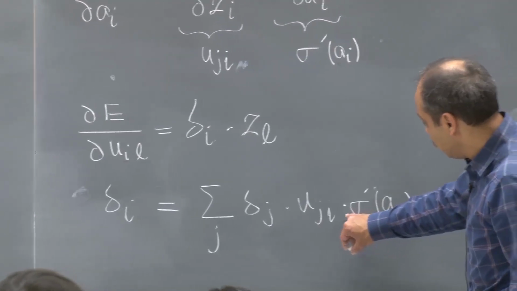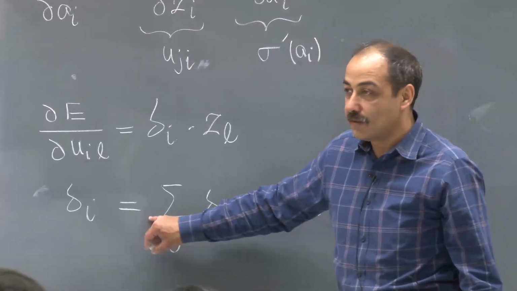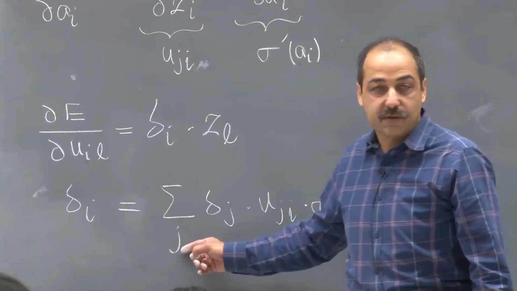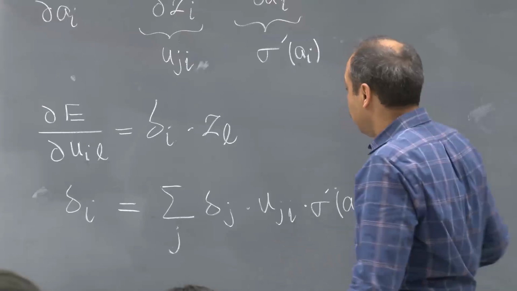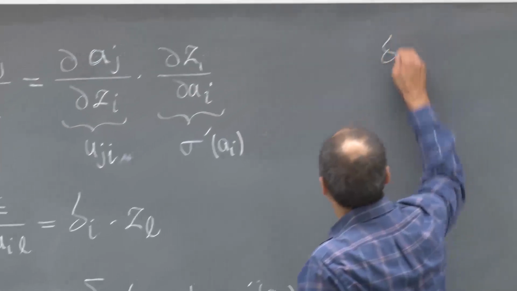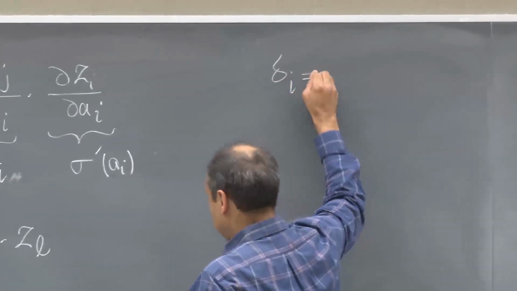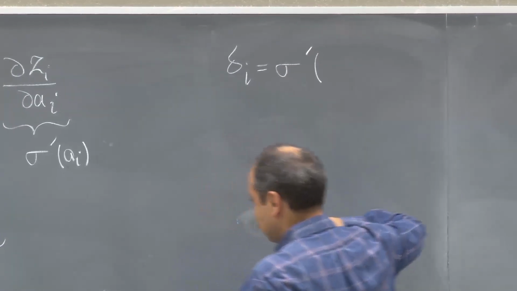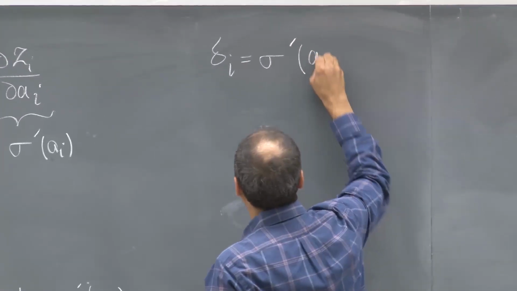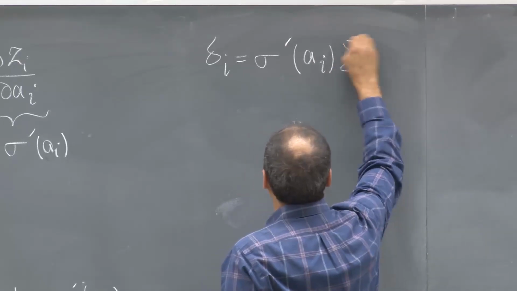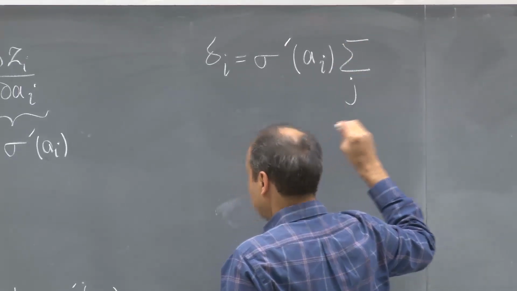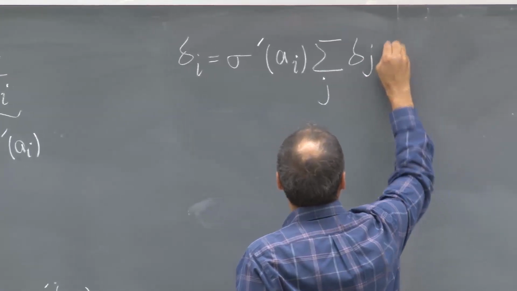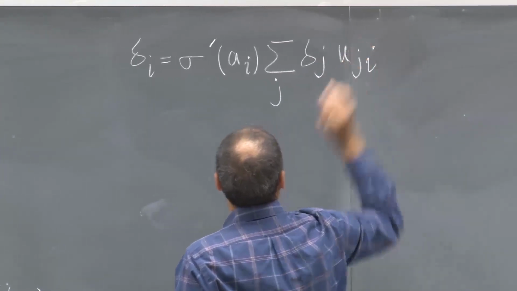In fact, I can take this out of the summation because it has nothing to do with this index. So I can write delta I to be sigma prime of AI times the summation over J of delta J UJI.